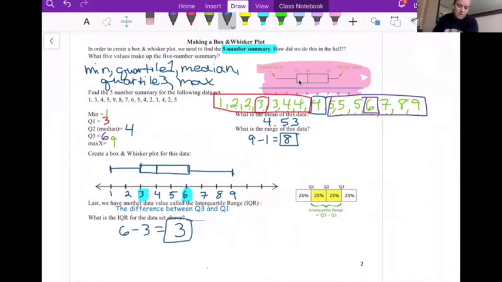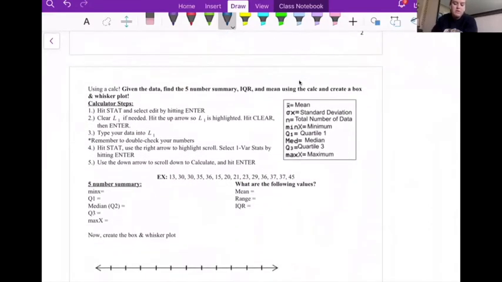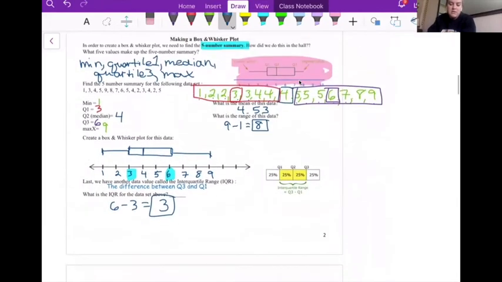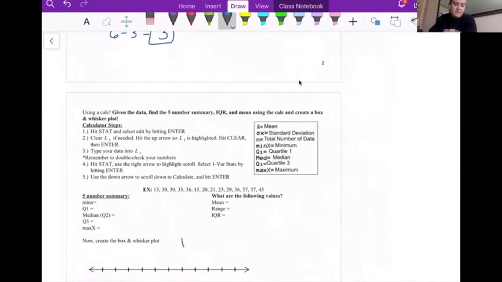Okay, so again, now let's see where we can get these numbers in our calculator, because if we have a small data set like this, we can easily write it out, find our median, find our Q1, Q3. However, if we have a lot of points, or if they're just bigger numbers and we don't feel like doing it, our calculator does this for you.